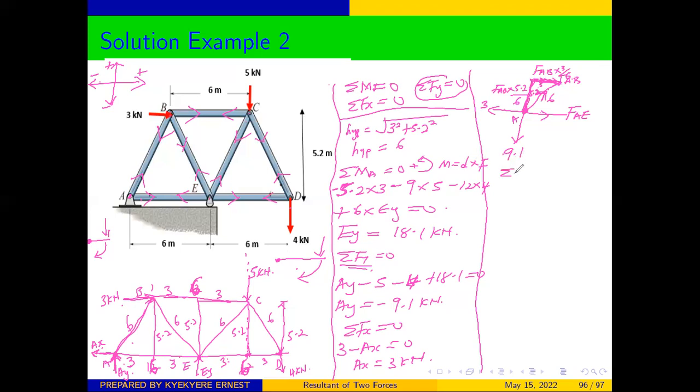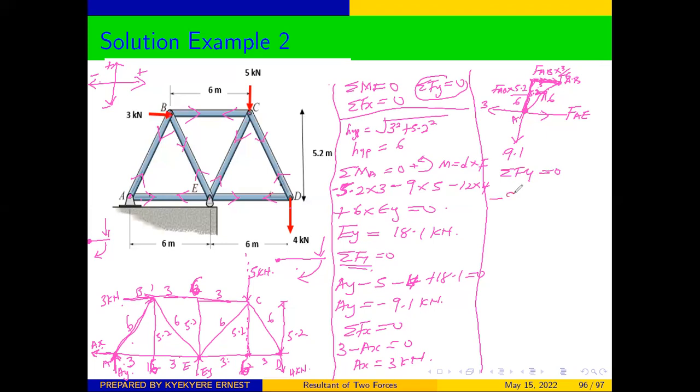So we can apply the equilibrium equation, sum of Fy is equal to 0. We are going to get our equation like this. This one is in the y, look at it, it's coming down.